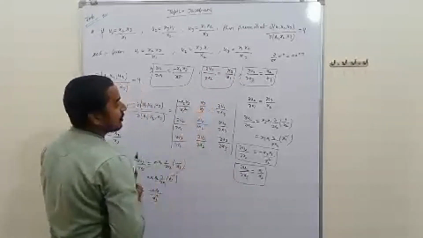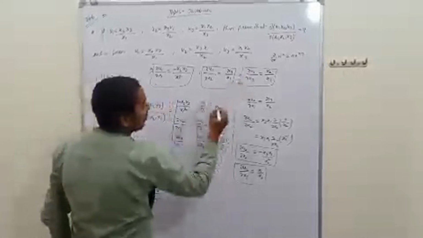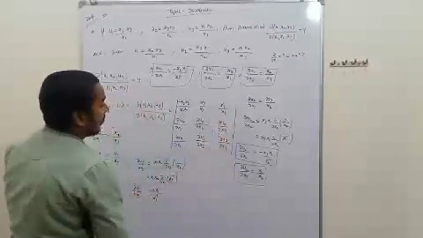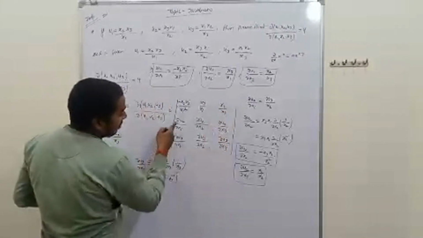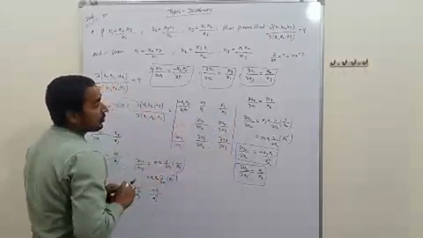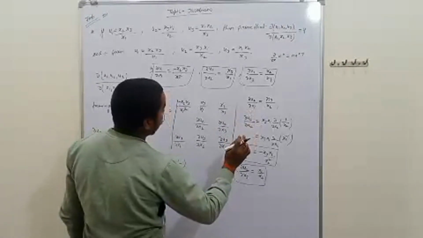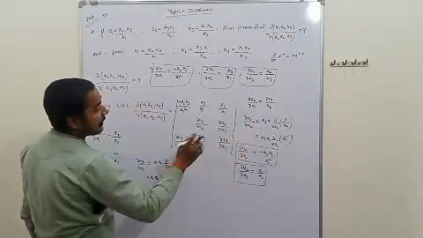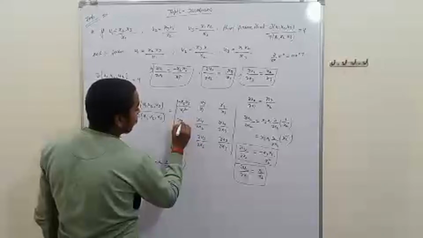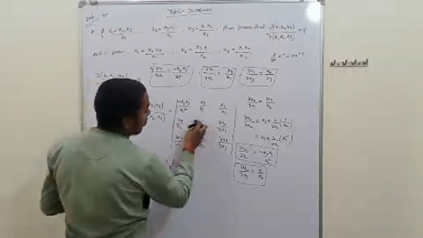Further we have to put del u1 upon del x3, and this is given by x2 upon x1, and we have to further put del u2 upon del x1, that is x3 upon x2.